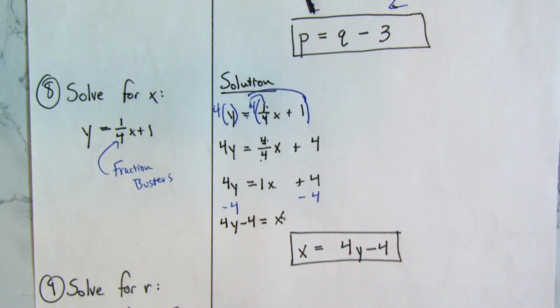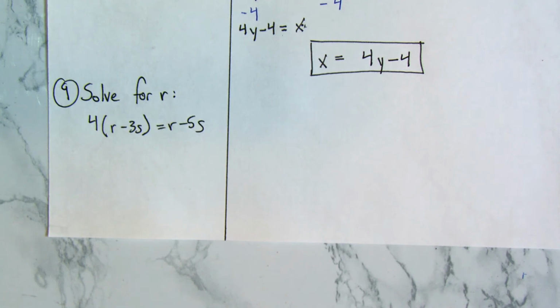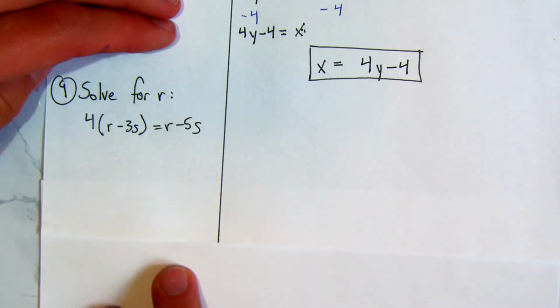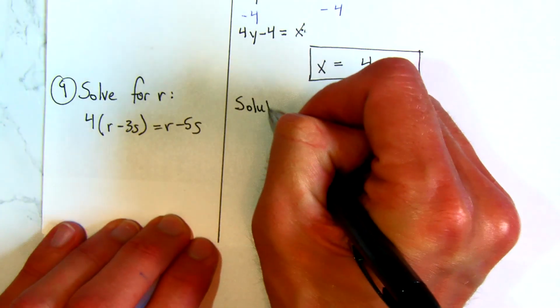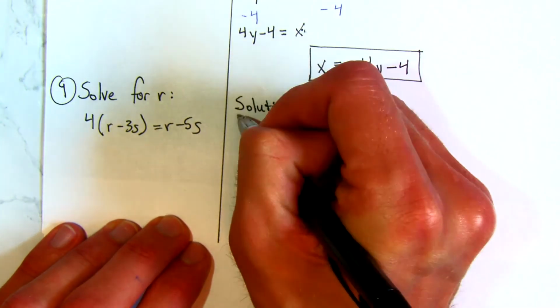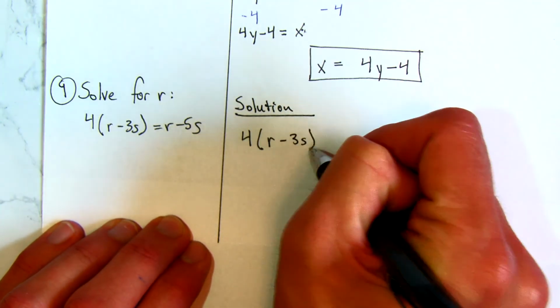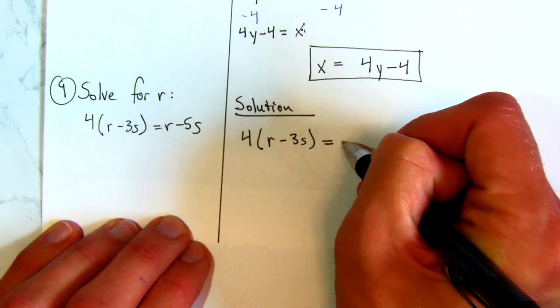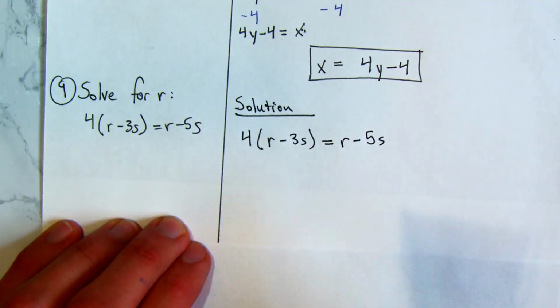Number 9. Alright. Hopefully I have some space here. Okay, so solve for r. You should be thinking right away, distribute. Get rid of the parentheses.